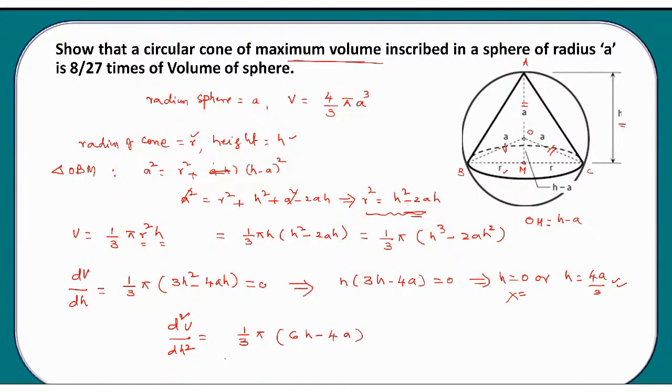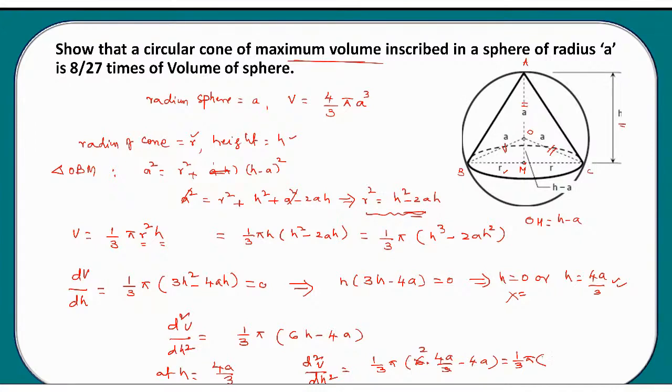You need to verify at H equal to 4A by 3 whether this second derivative is positive or negative. For which d square V by dH square equals 1/3 pi into 6 into 4A by 3 minus 4A. So what is the value you get? 1/3 pi.